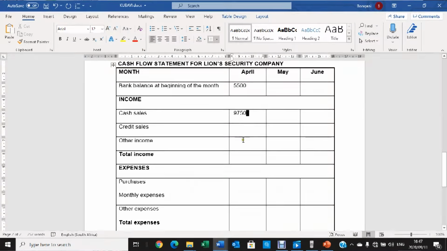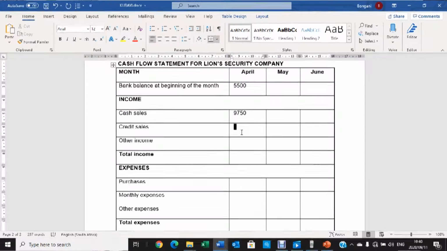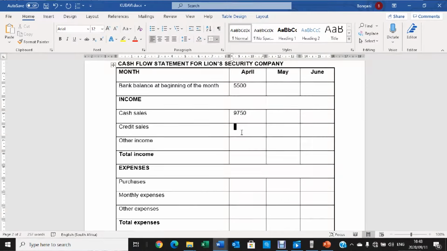And then moving to credit sales. Our credit sales are the stock that we have sold on credit. We are told again in adjustment number 3 that after 30 days, they are going to receive how many percent? 25%. Then we sold goods in March, sorry, not April.